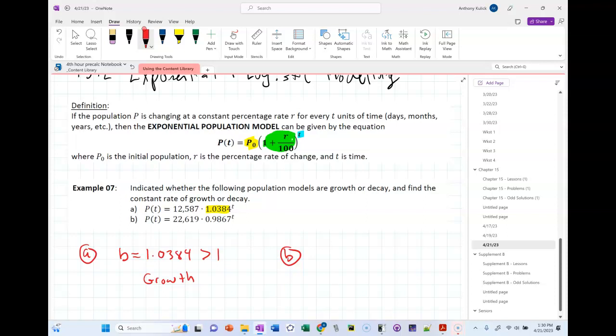All right. Part B, then. What is part B? Is that growth or decay? What number are we comparing the B to?